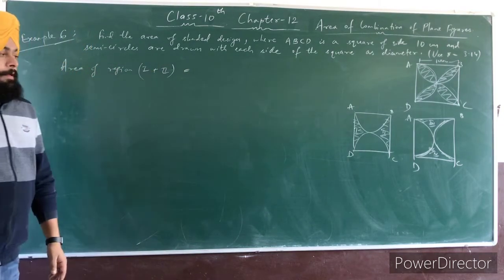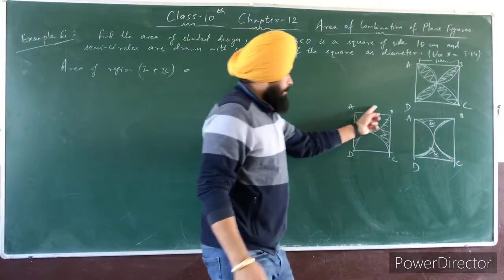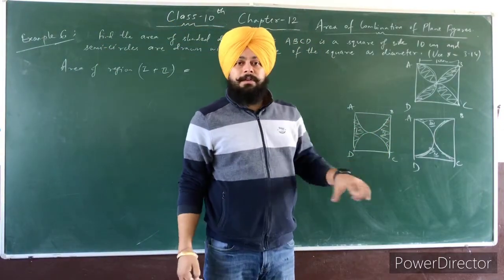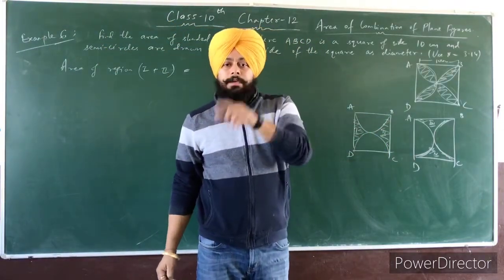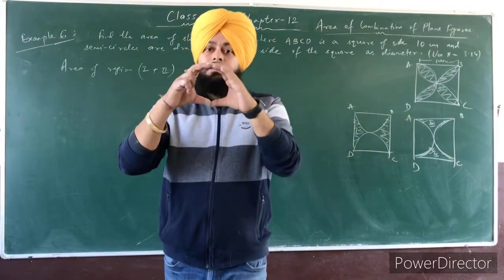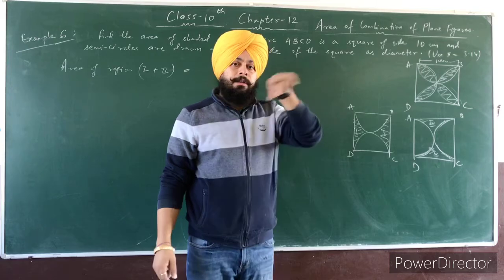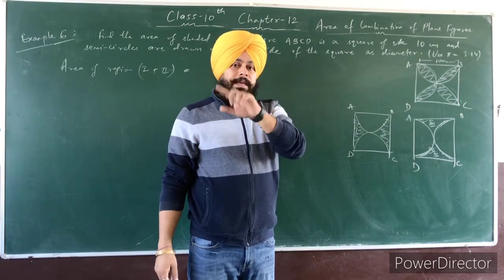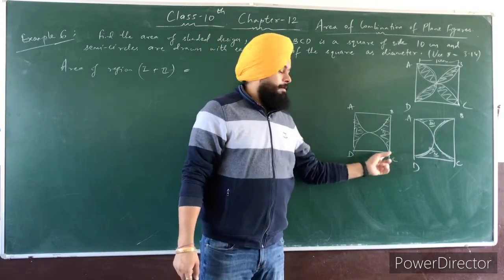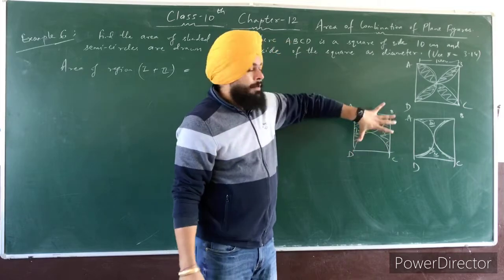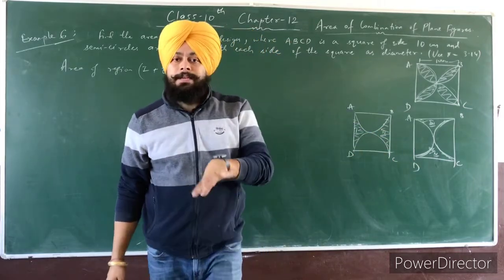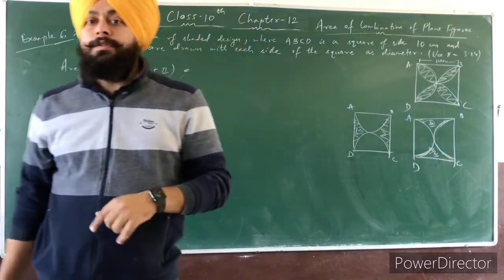So this is a square and there are 2 semicircles. It means there is one complete circle. If we join 2 semicircles, then there is one complete circle. So you have to subtract the area of the circle from the area of the square.